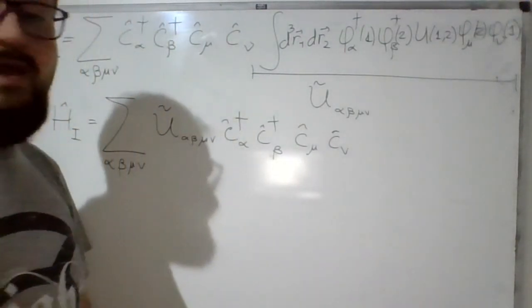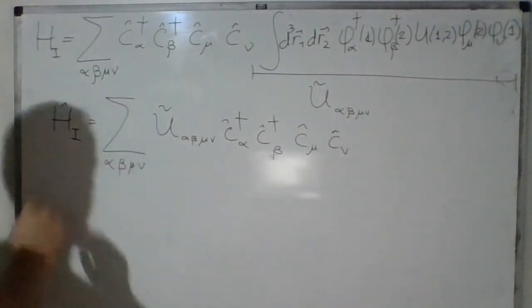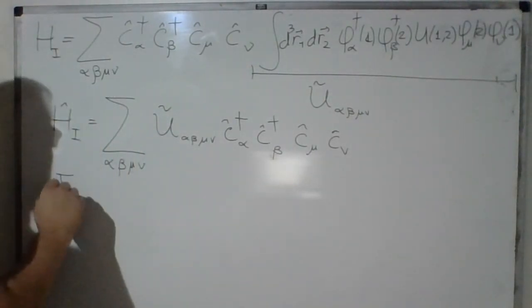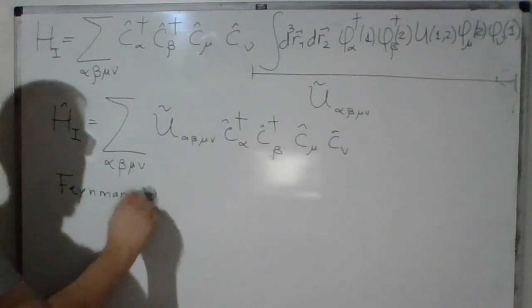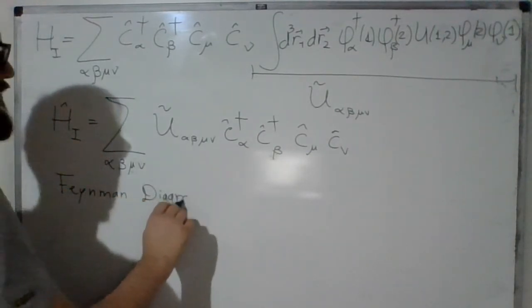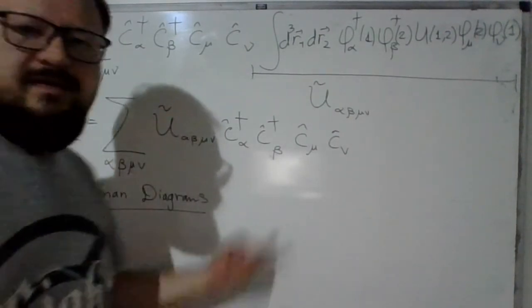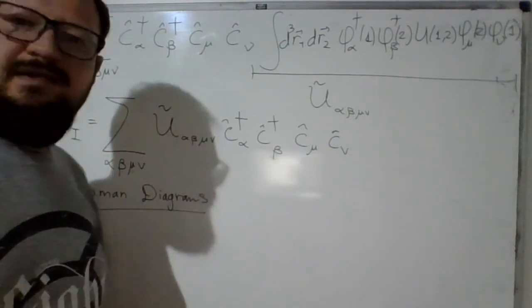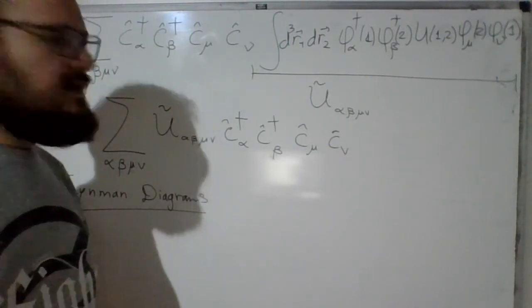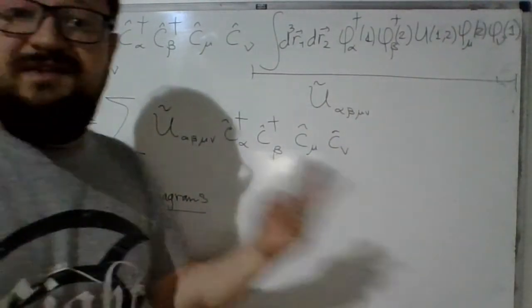Okay, there is a way to represent that, which is known as Feynman diagrams. It is a way to represent things, and when you have a second quantized Hamiltonian, they are very intuitive.